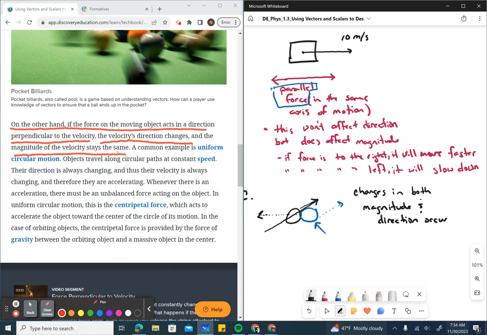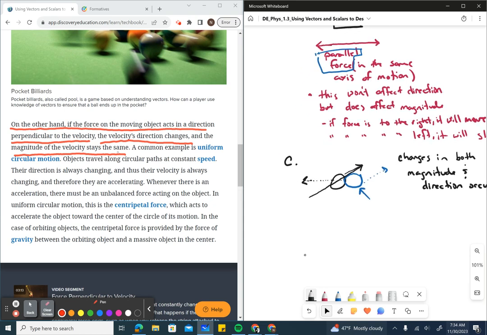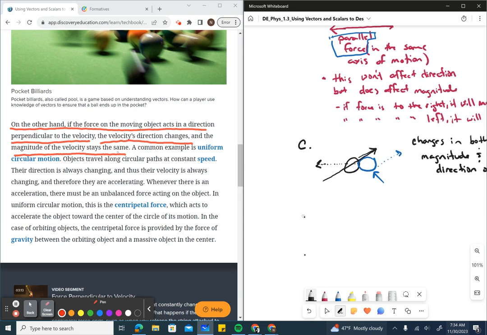Now, the third example then was the one that was our original question. What happens if your object is moving in a direction? We had the example of, let's just say you have a satellite, okay?